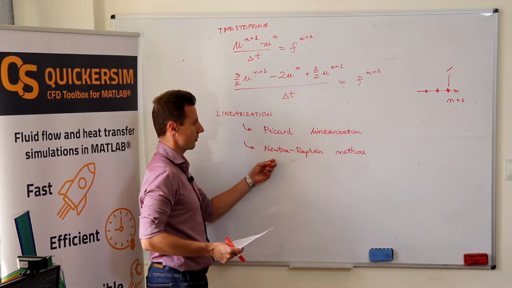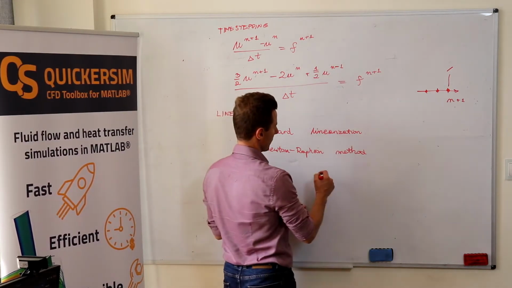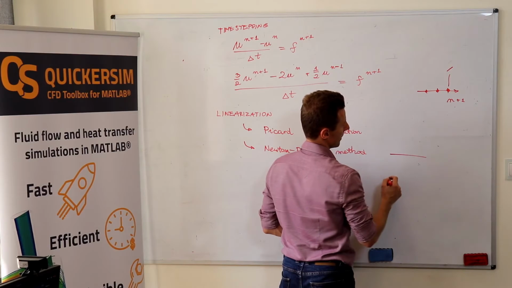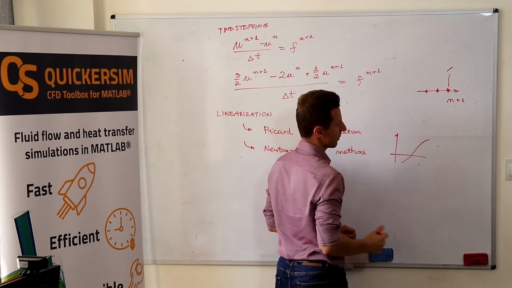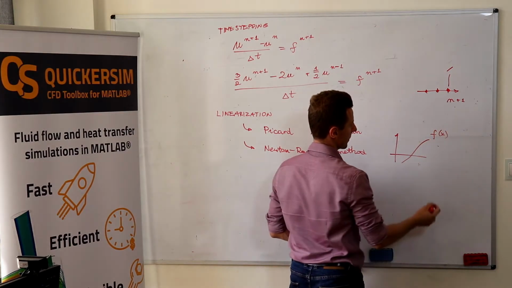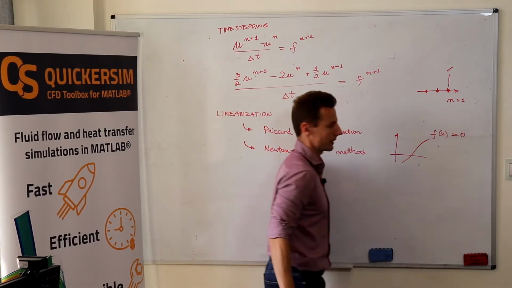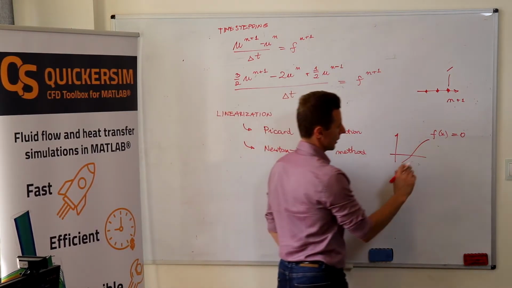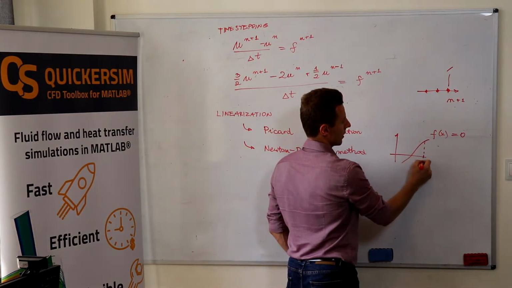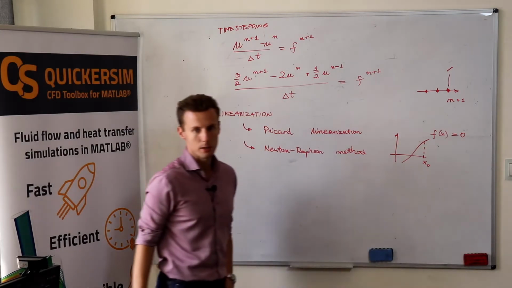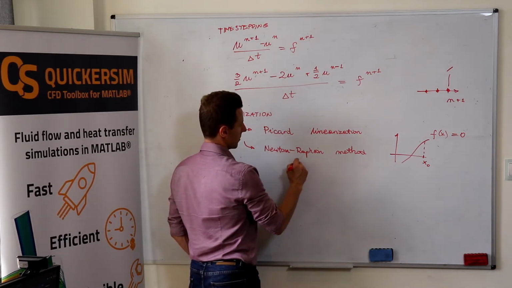For those of you who don't know the Newton method, the idea is the following. Let me give it to you quickly. You have some nonlinear function f(x), and you want to find the solution to the problem f(x) = 0. Well, you don't know what this solution is. As in every numerical method, you start with some approximation to this solution. What the Newton method assumes is the following.